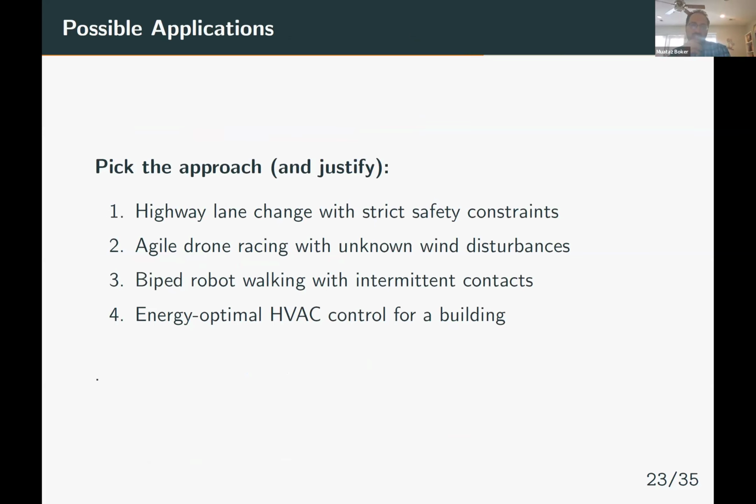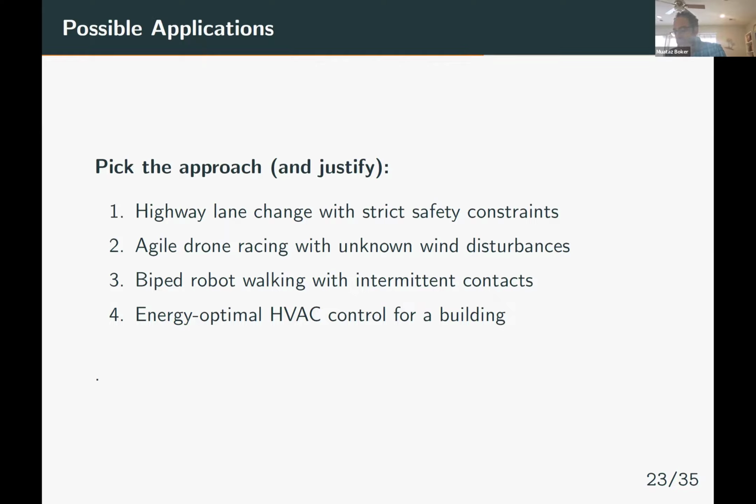So here are some examples. Let's think about these as a group. Let's start with the first one. Say you have a car doing a highway lane change with strict safety constraints.